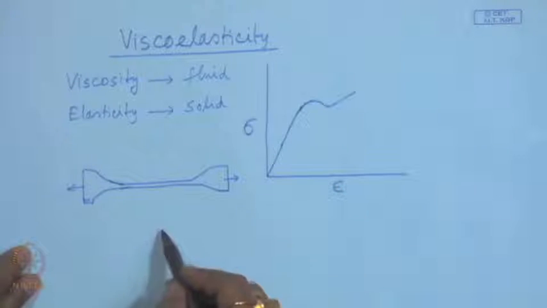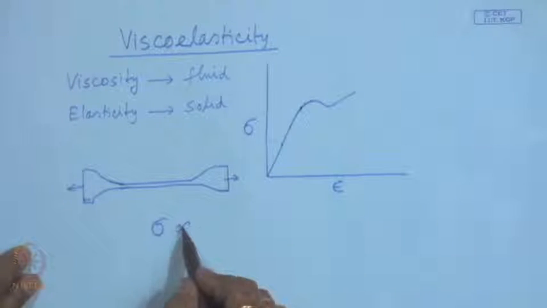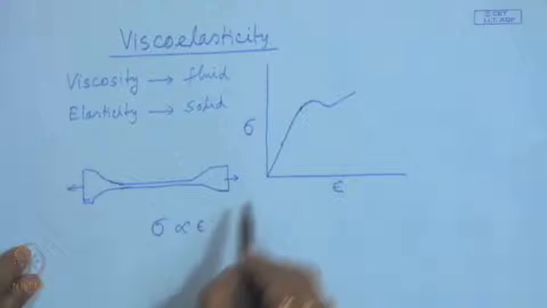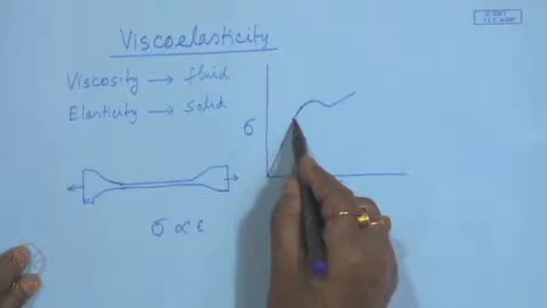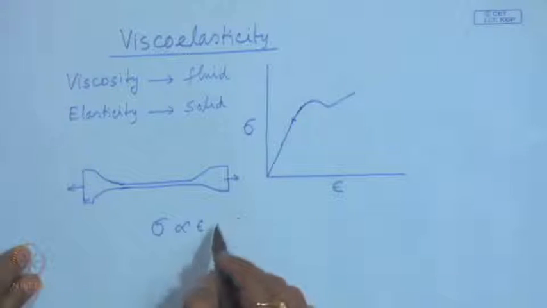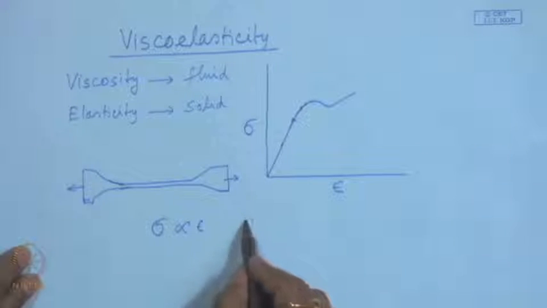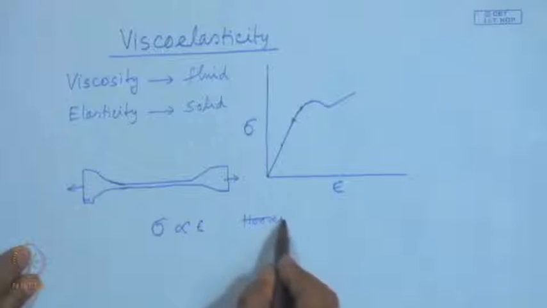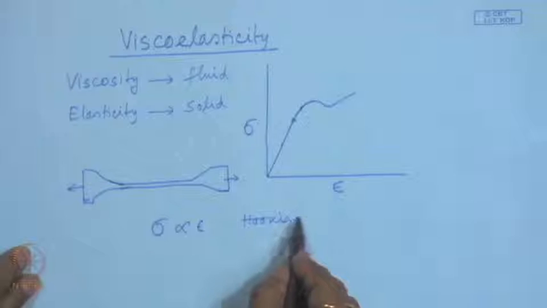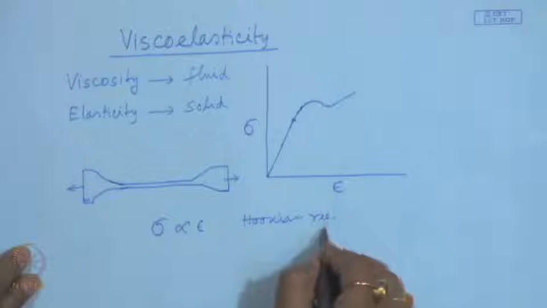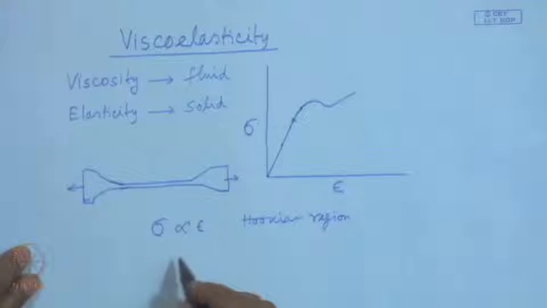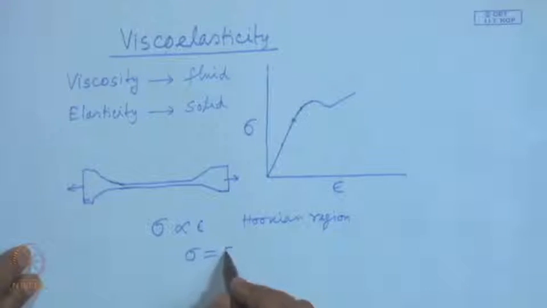Here the stress is proportional to strain up to certain region, which is known as Hookean region. Means stress is equal to some constant into deformation epsilon.